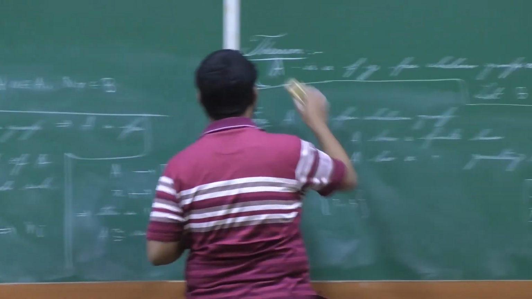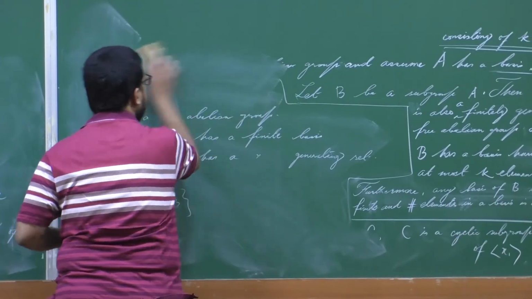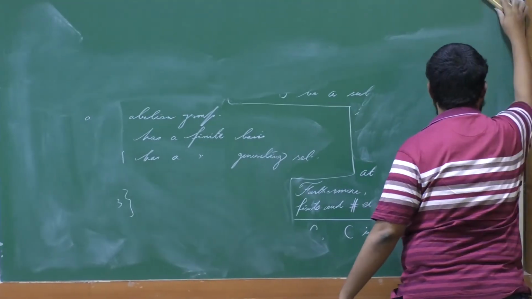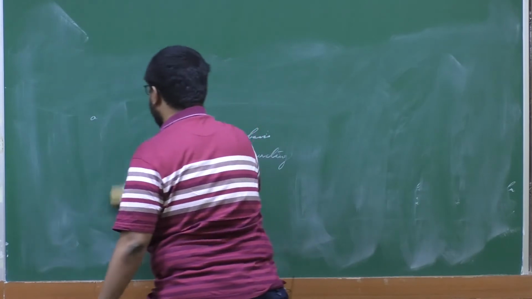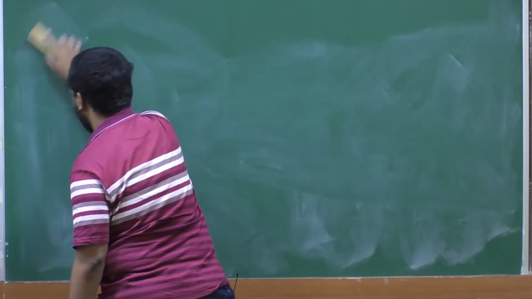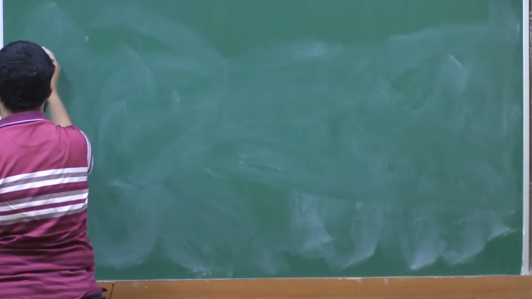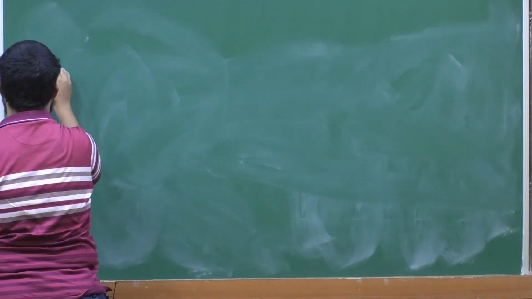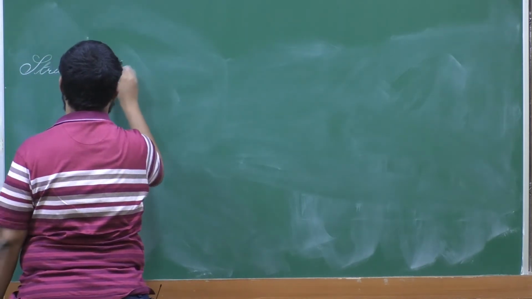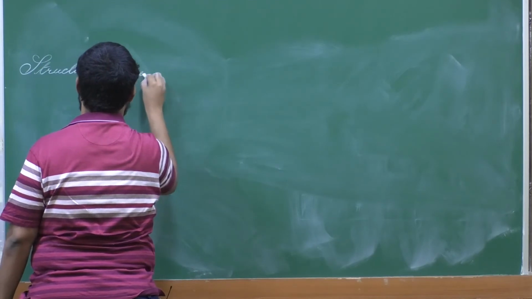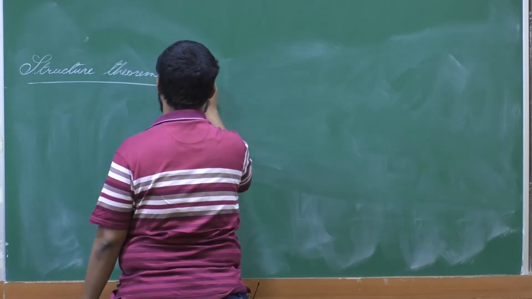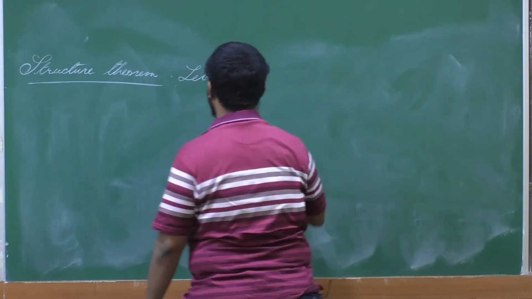Now this observation leads us to the structure theorem for finitely generated abelian groups. So what we do here is, the structure theorem: let A be a finitely generated abelian group.